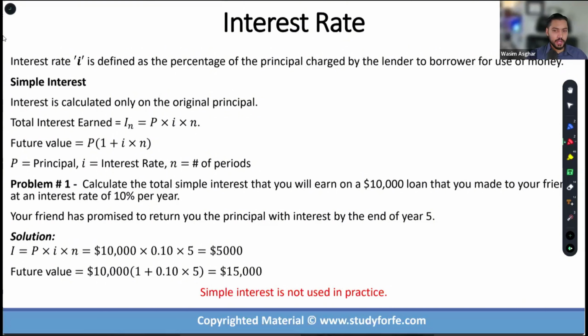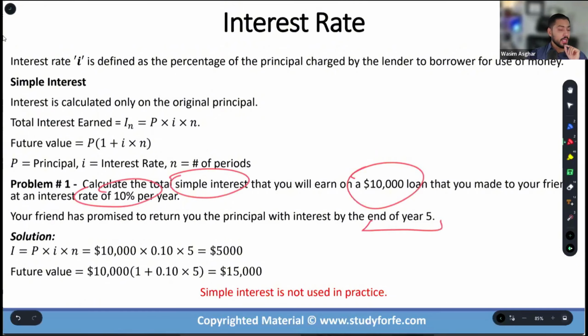Yes, this is engineering economics, interest rate. You say that I'm going to go ahead and give you 10K. All right, you're my friend. And I'm going to charge you simple interest rate. The interest rate is 10% per year. And I'm going to ask you for interest plus the principal, the loan that I gave you, at the end of year 5.